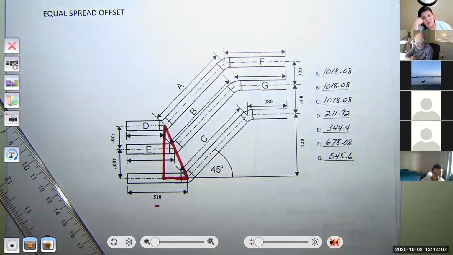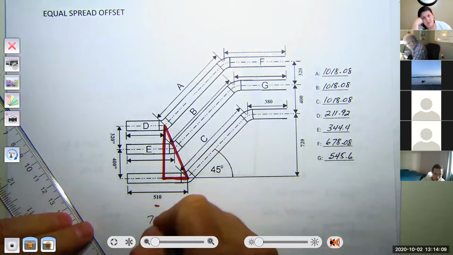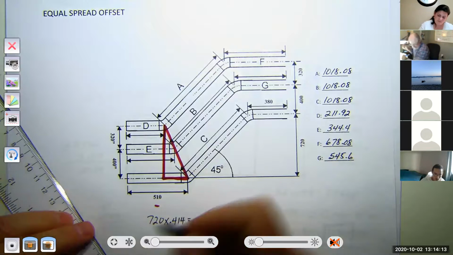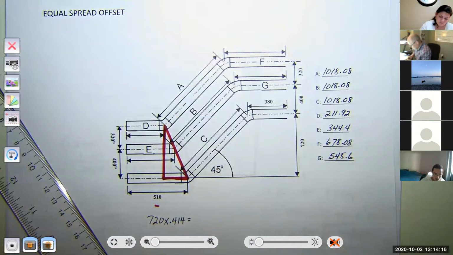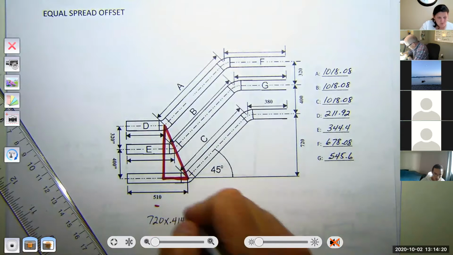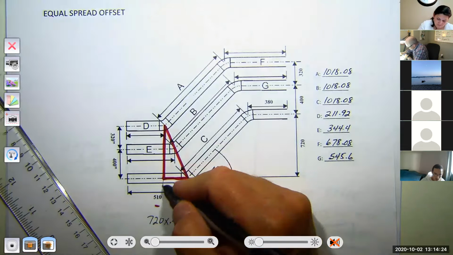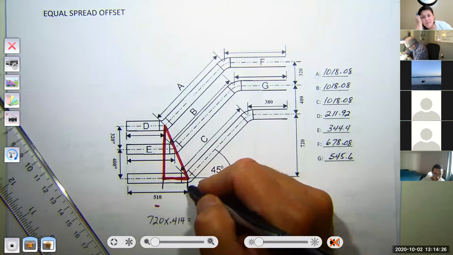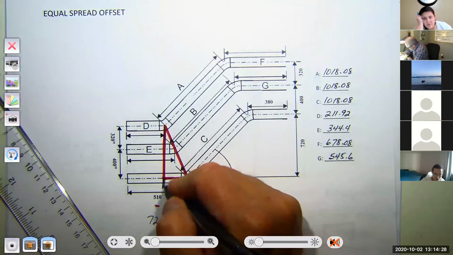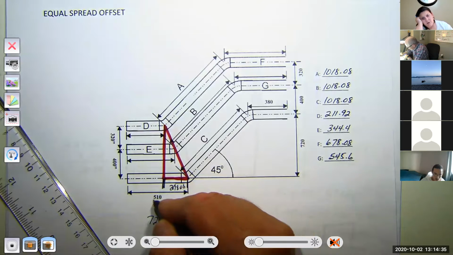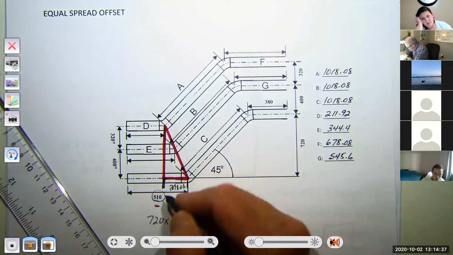So that's going to be 720 times 0.414, which equals 298.08. Meaning this measurement right here, Sylvia, is 298.08. And if I minus that off of 510, that would give me D.